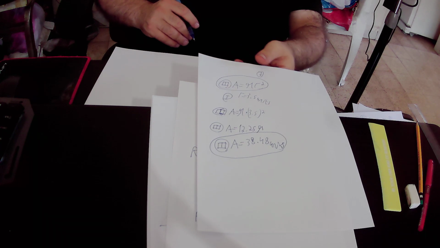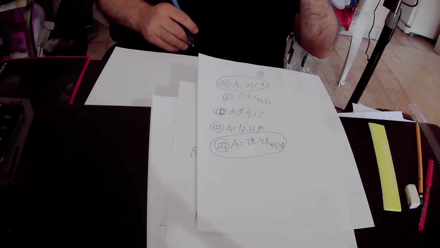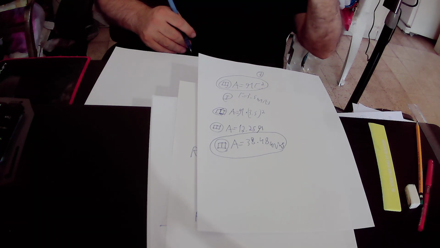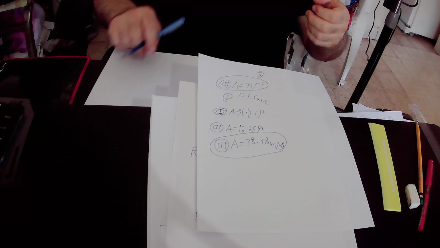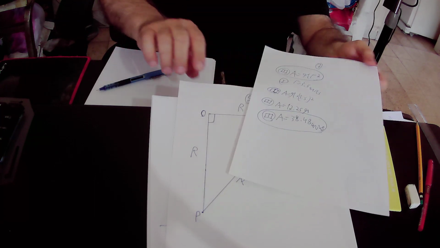Okay, so pi times 12.25 equals 38.48, so the area of the yellow circle equals 38.48 units.